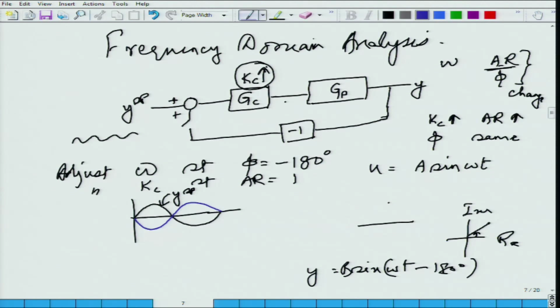Yes or no? Okay. So, here comes a sine wave, there is the output sine wave, then when you multiply this y by minus 1, you will get another sine wave, and when you multiply it by minus 1, this blue sine wave will flip over the time axis, and then what you will get is your feedback signal, the signal that is being added to y set point will actually look exactly like this.